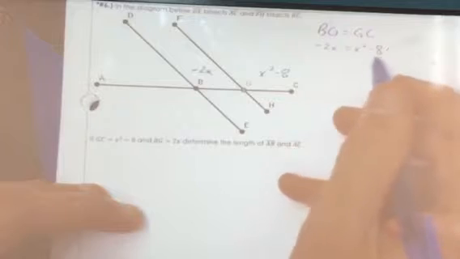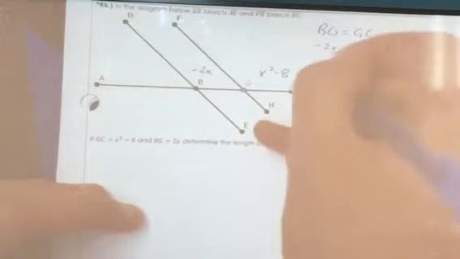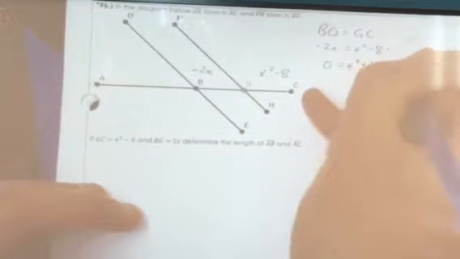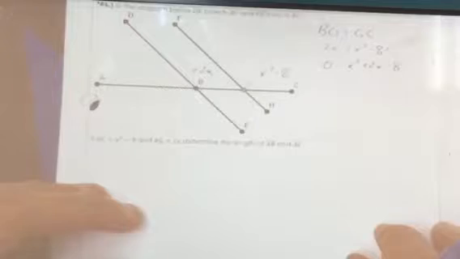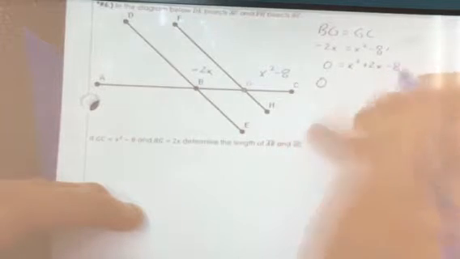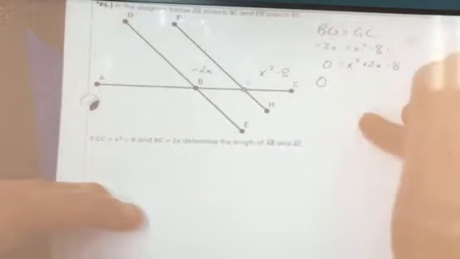This quadratic is not in standard form. We need to add 2x to both sides. So we see A equals 1, B equals 2, C equals negative 8.